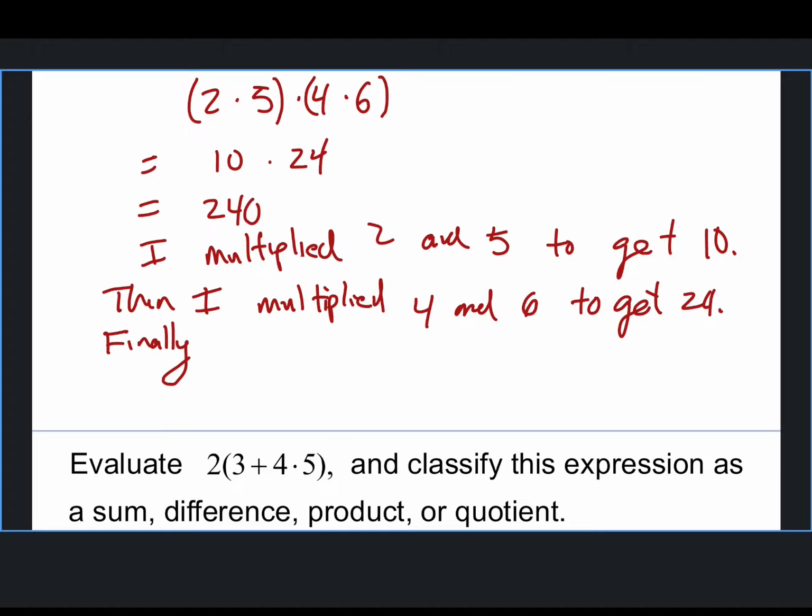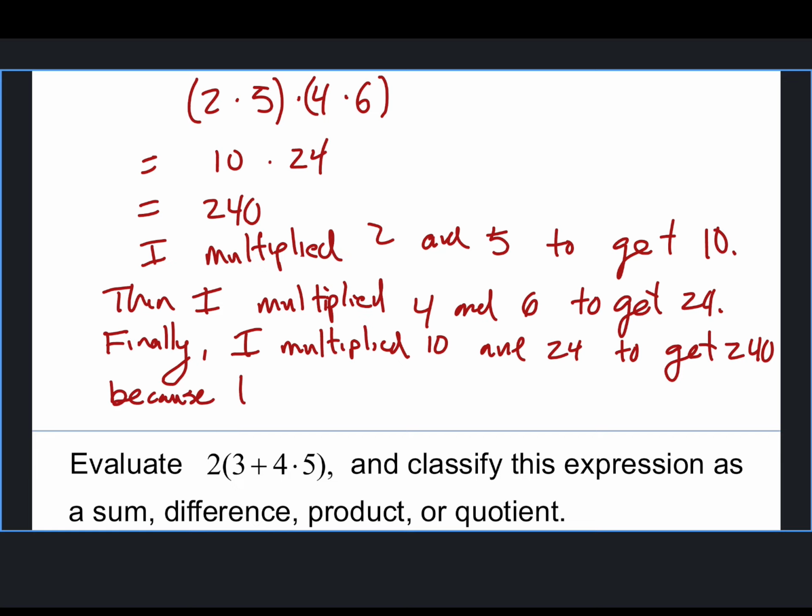Finally, I multiplied 10 and 24 to get 240 because that meant adding, let's not say adding, let's say appending a 0 to the 24.